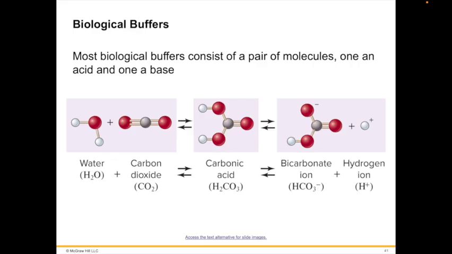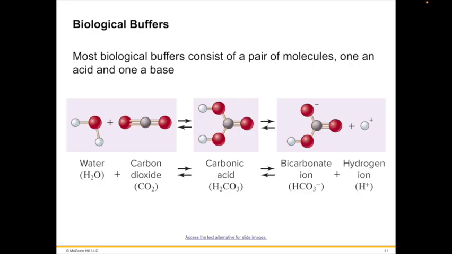To say it one more time, if some acid or other substance adds hydrogen ions to the blood, the bicarbonate acts as a base to remove those excess hydrogen ions by forming carbonic acid. If a basic substance removes hydrogen ions from the blood, carbonic acid dissociates, releasing more hydrogen ions into the blood.